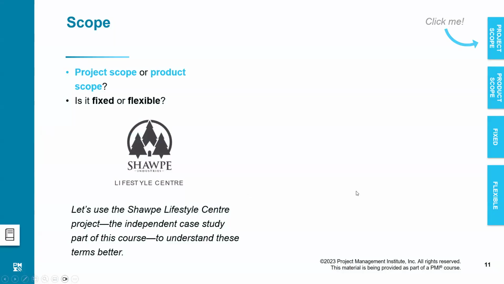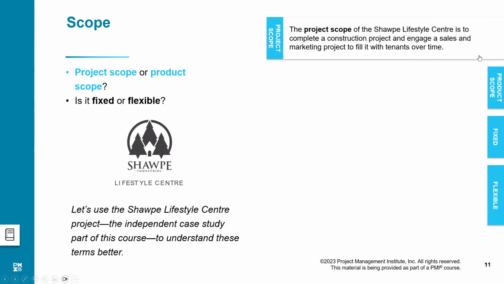So now that I have briefly described what a project scope and a product scope are, let us look at the Shoppe Lifestyle Center, our case study, and see what the definitions of these terms are. Like what is product scope, what is project scope, and then what is a fixed scope and what is a flexible scope. So this is the project scope, because we are talking about the case study.